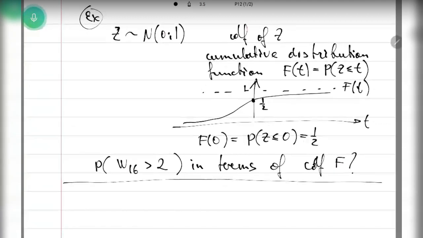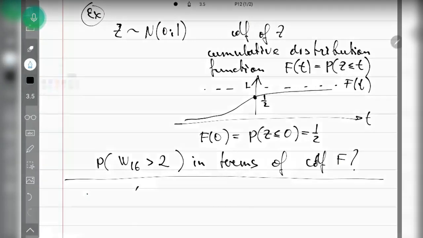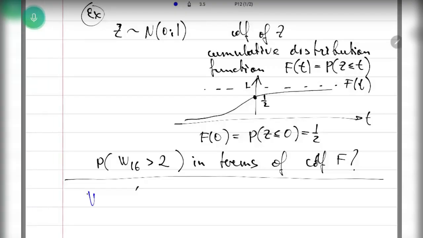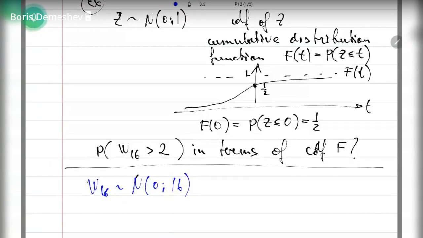Okay. We just recall that W16 has a normal distribution with mean 0 and variance 16. So to standardize this random variable, we need to subtract the expected value and divide by the square root of the variance. So that's a standardization procedure.